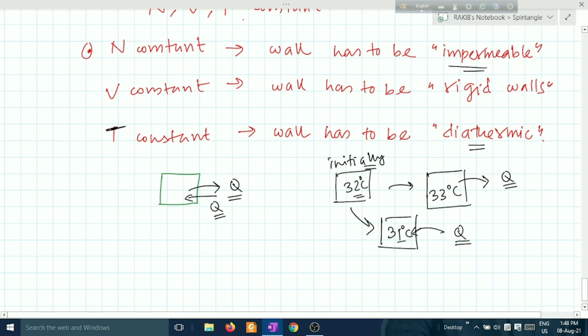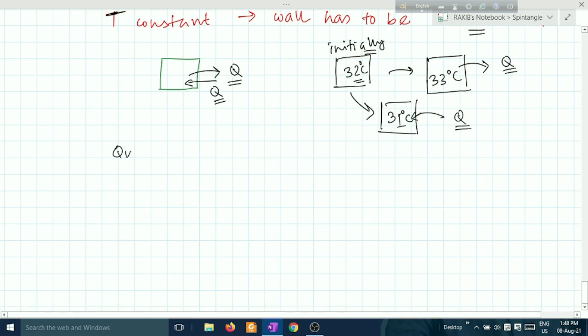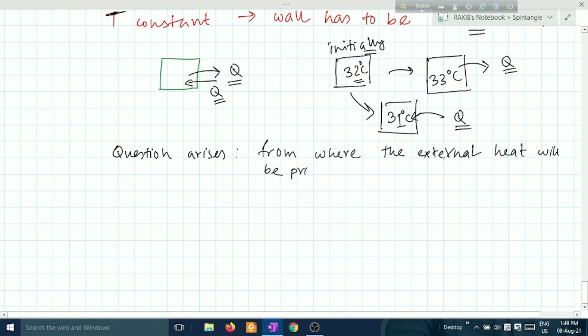Now the question arises: from where will the external heat be produced? Here comes a concept called the heat bath.